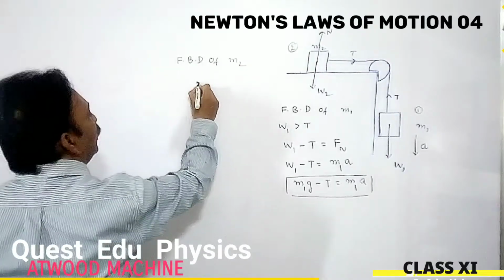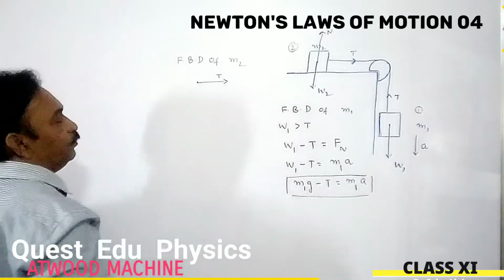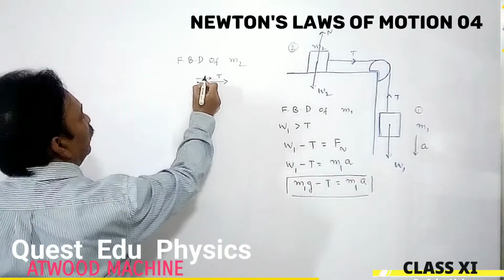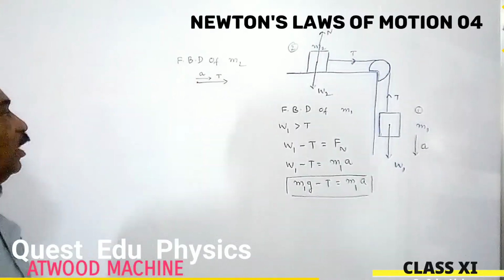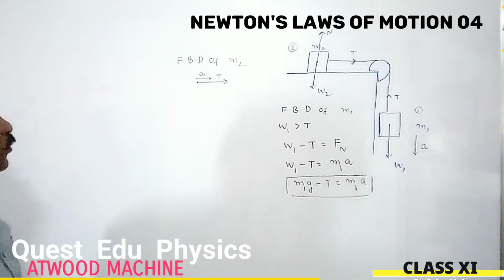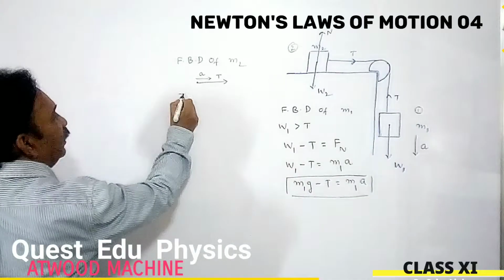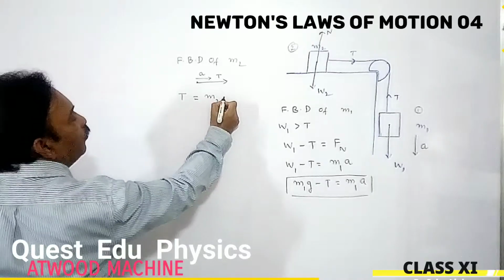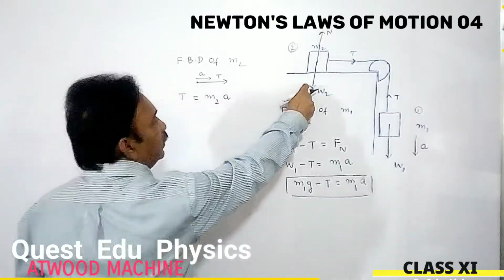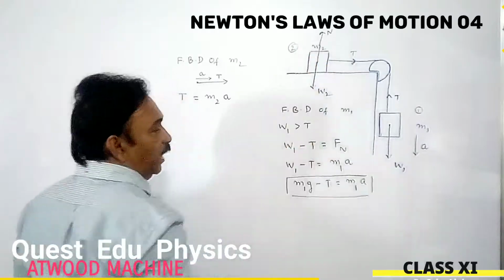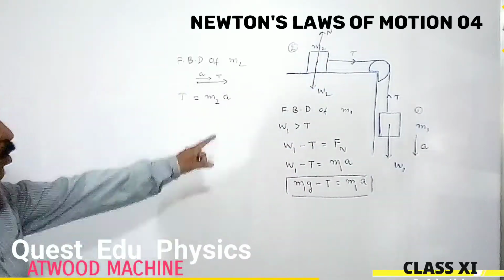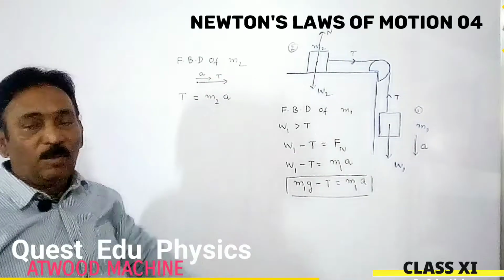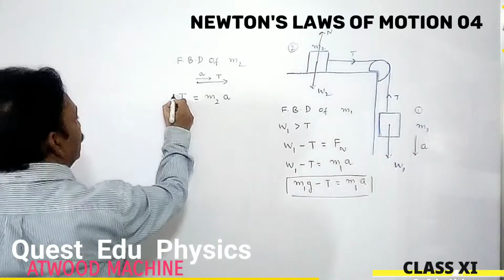Obviously it is a simple thing, it is the tension, okay, which is providing the motion to the body, and acceleration also along the same direction. Then we can write T is equal to M2A. Since weight and normal reaction get cancelled with each other, only one force is acting, that is tension force, which is making the body to move. So it is the equation 2.